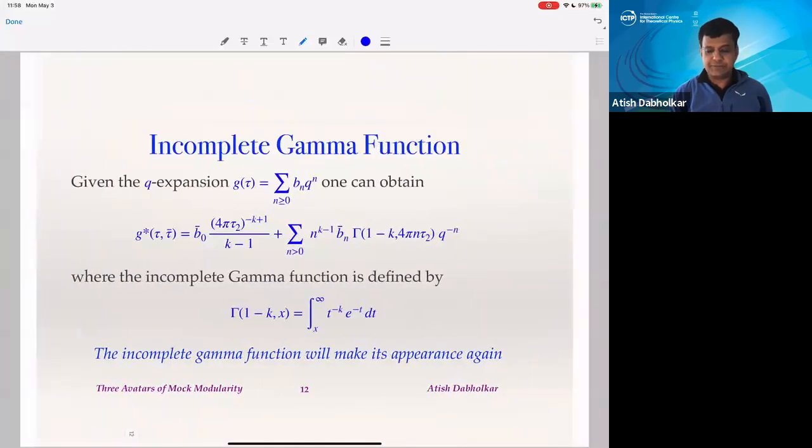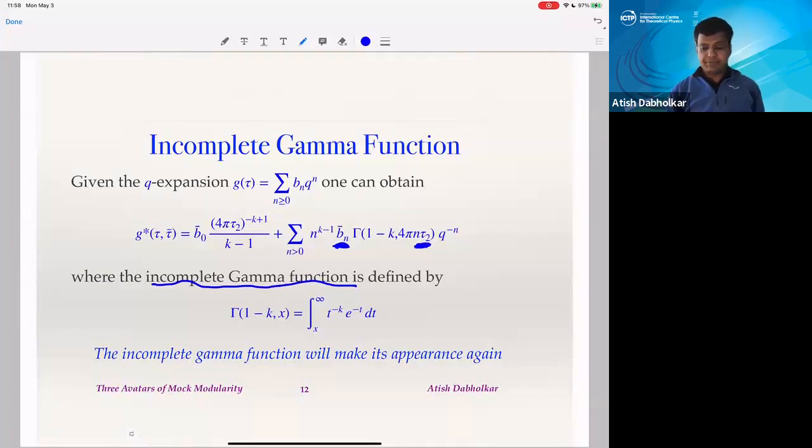And actually, there is a very explicit formula, and I just want to give this explicit formula. It involves the incomplete gamma function. G star is given in terms of this somewhat complicated looking function: b bar of n, q to the minus n, and the incomplete gamma function which depends on tau 2.